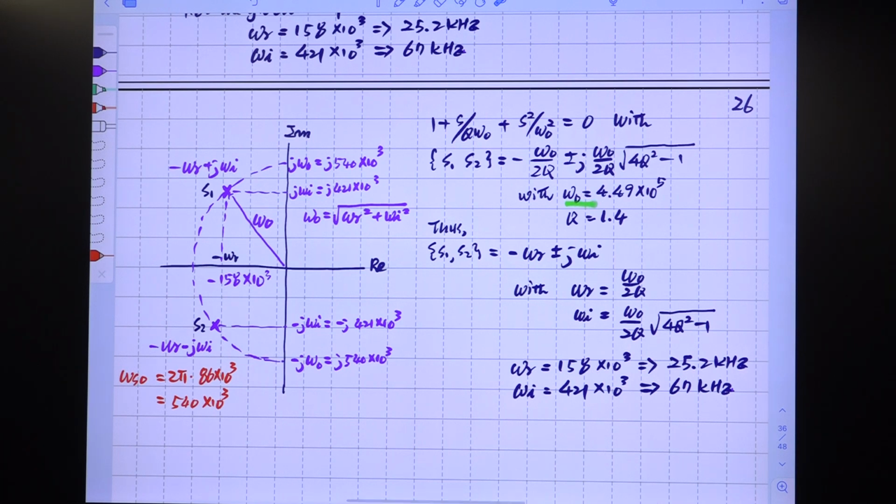With this number, we evaluate everything, the real part and the imaginary part. So we have minus the real part and the imaginary part here. We have one pole here and another pole here, which should be the same distance. And this real axis is this number.